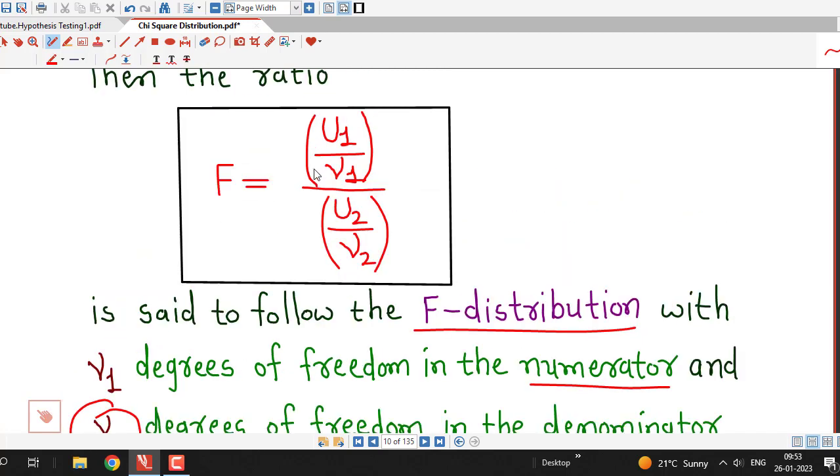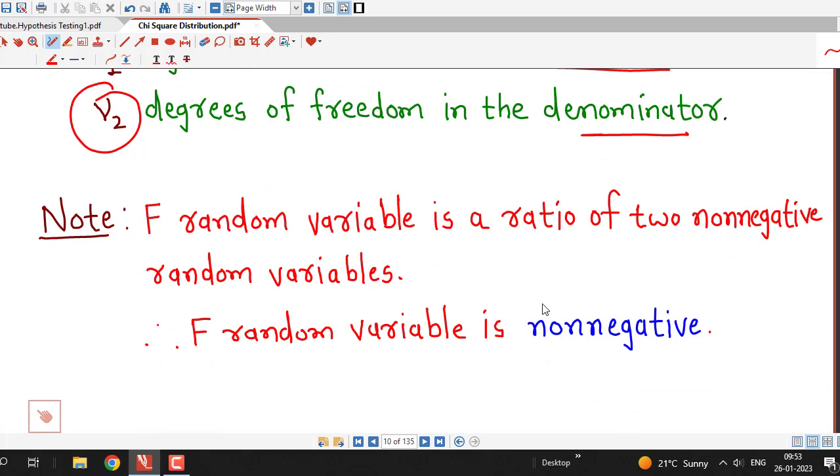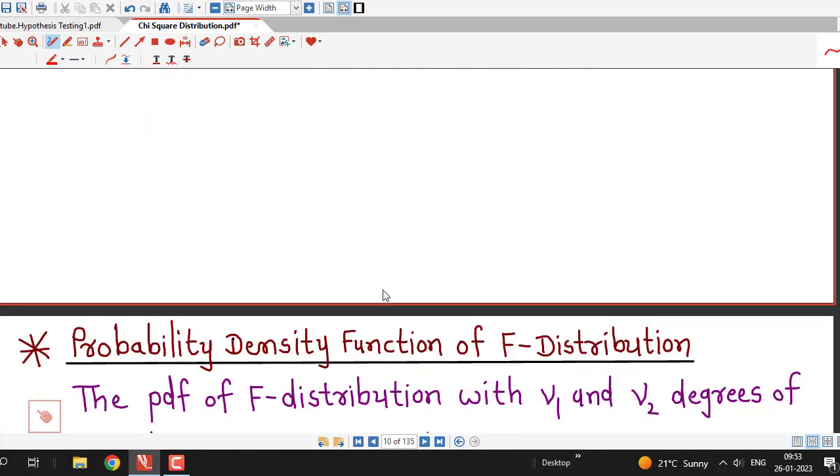Because this F random variable is a ratio of two independent chi-square random variables, and we know that values of chi-square random variables are always non-negative and degrees of freedom are always positive integers, the F distribution also takes only non-negative values. The values of the F random variable are always non-negative because it is a ratio of two non-negative random variables.